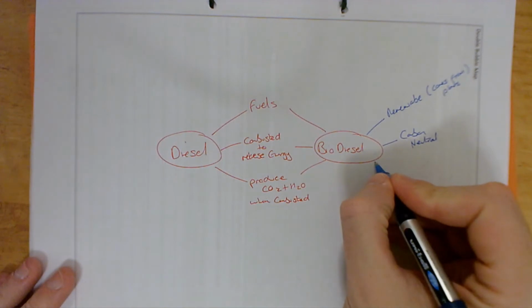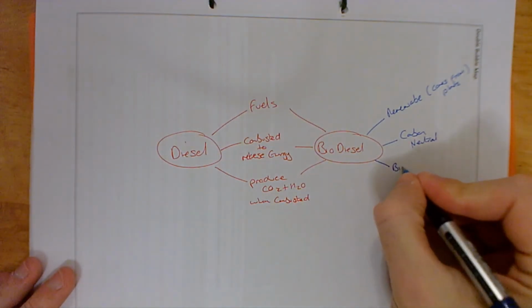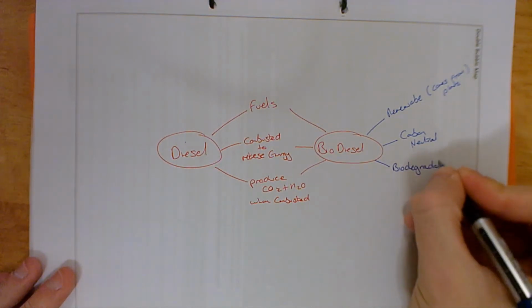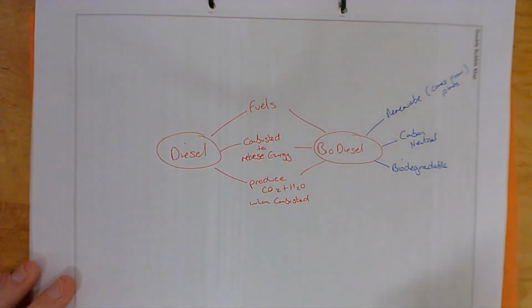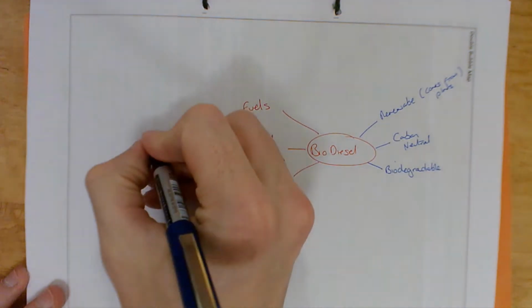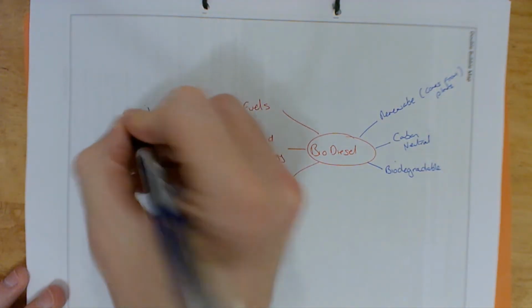Another key advantage of biodiesel is that it's biodegradable. Which means if it is spilled, it can be broken down naturally by bacteria. Let's look at diesel then. So it's not renewable, it's a finite resource. It comes from crude oil.